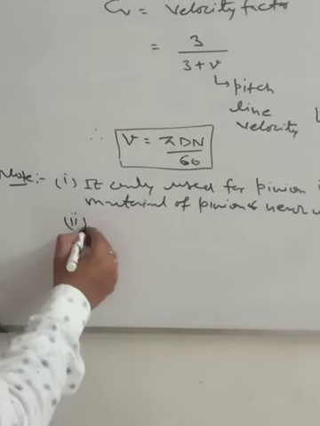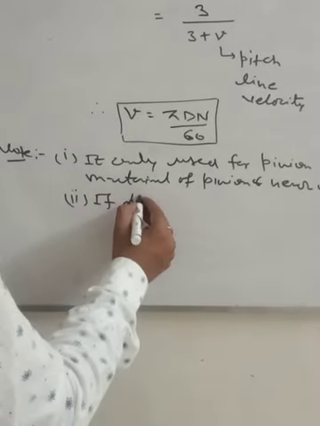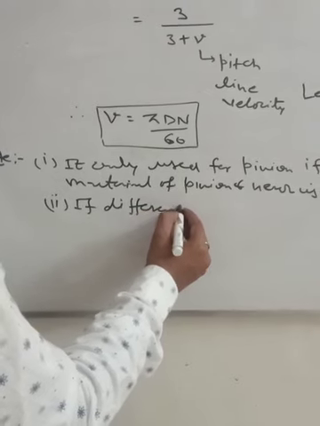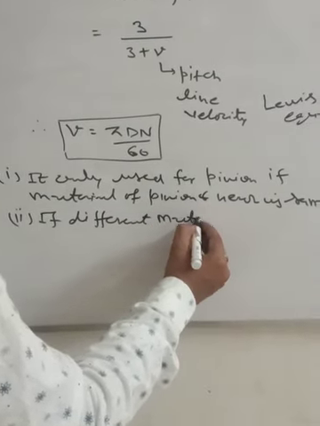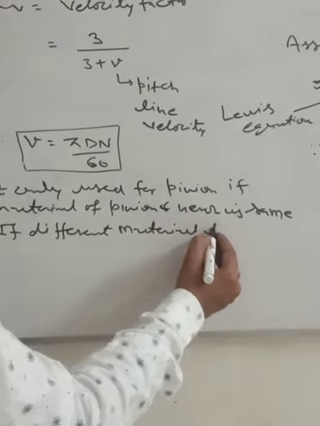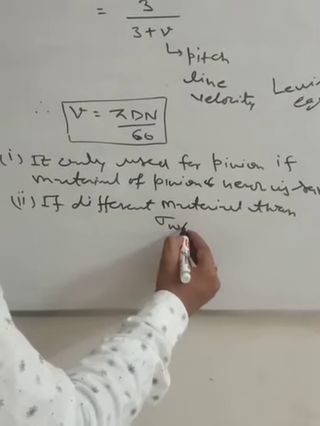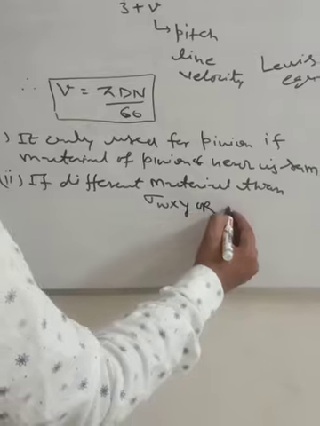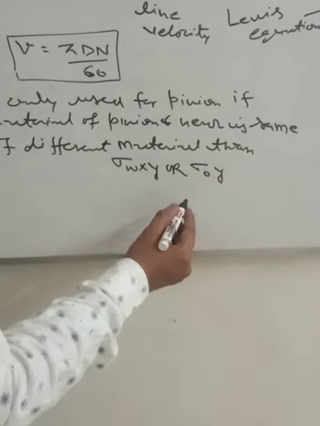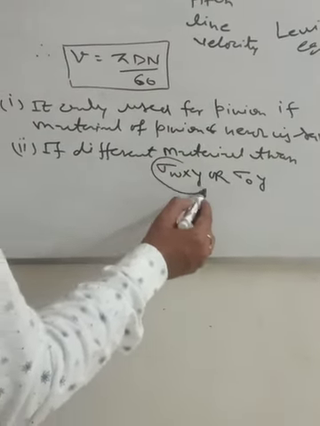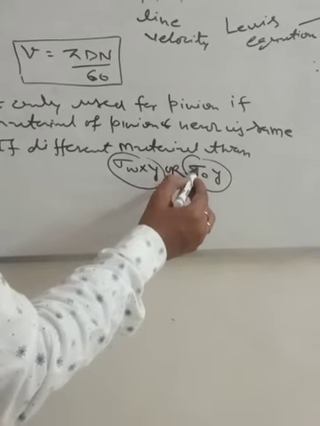But if different materials are there, then we have to find the product of sigma w into y or sigma naught into y, and the lesser value is considered.